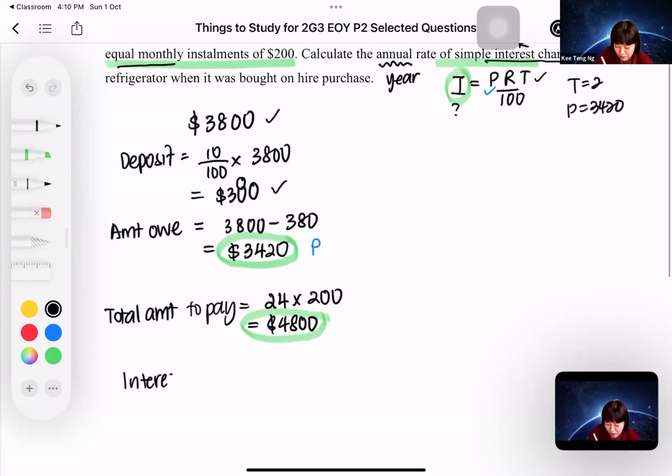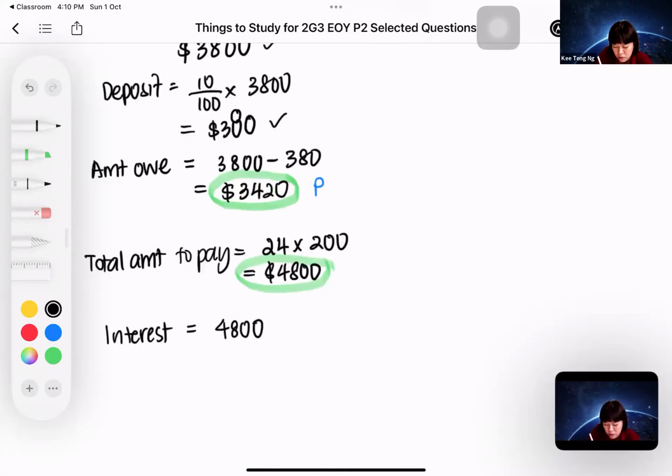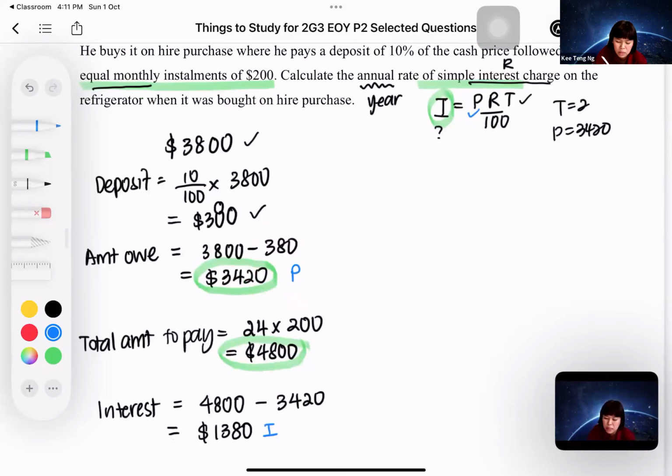Never mind, I'll calculate the answer on my own. So my interest will be, take the $4,800, minus off my 3,420. This is the actual difference, the extra interest that I paid. So this is 4,800 minus 3,420. That would be $1,380. This is my interest, I. Now they ask me to calculate the interest rate.